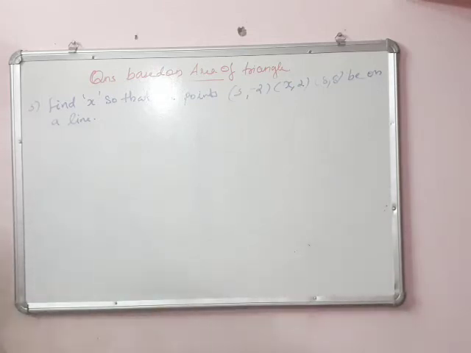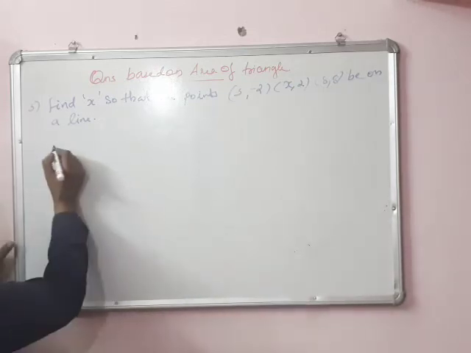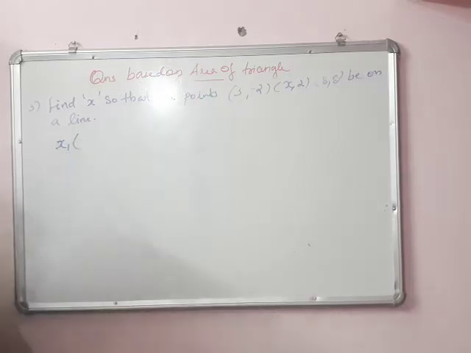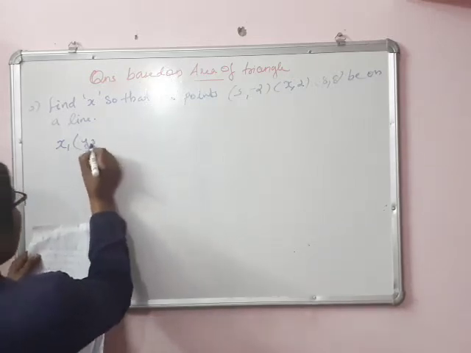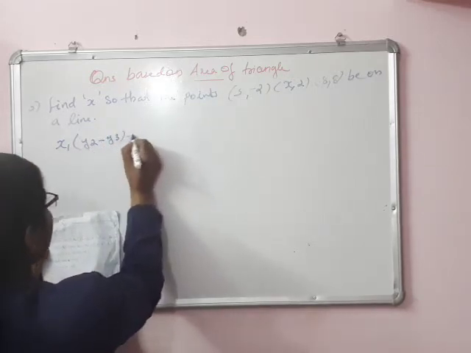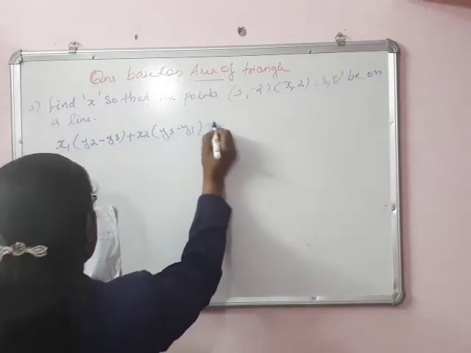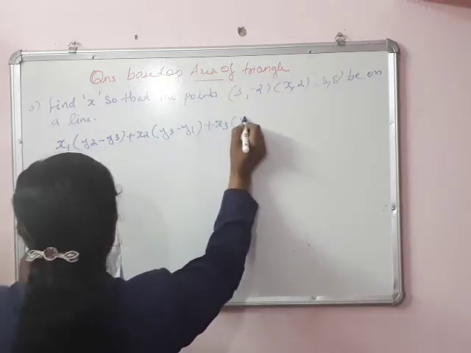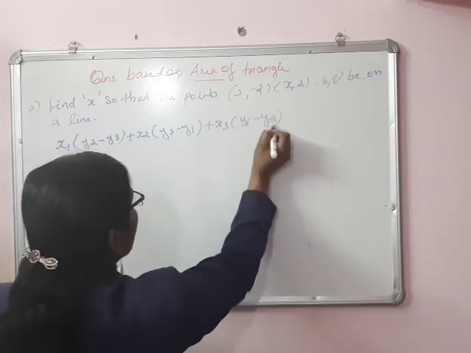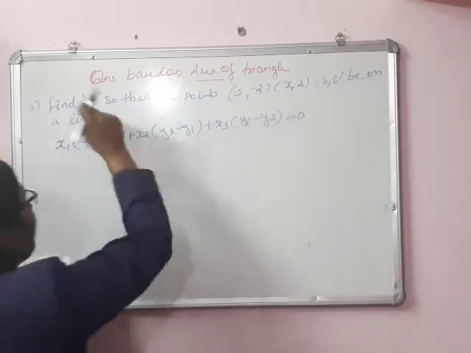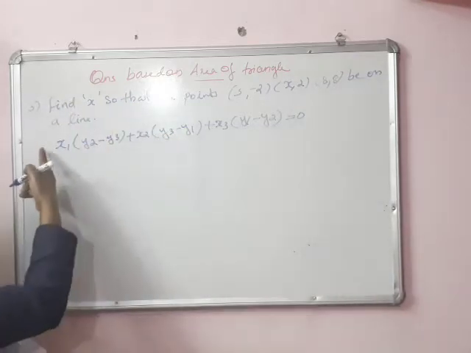That is how we change the formula. x1 into y2 minus y3, plus x2 into y3 minus y1, plus x3 into y1 minus y2, is equal to 0 because it is on a line. Here there is no need to multiply with the half.